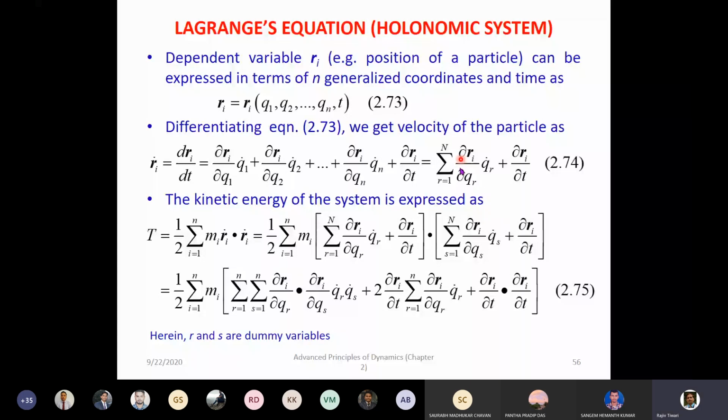Only thing, because there are two velocities, two dummy variables we have used, one is r and another is s. Dummy variables will not make any change because that many terms anyway we need to sum. But when we multiply them in the summation form, we will get terms like this.